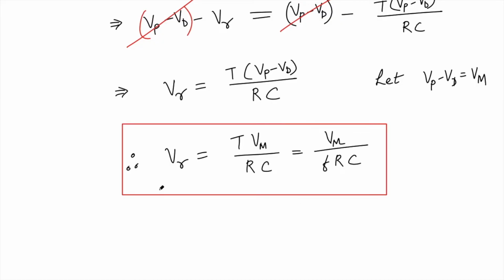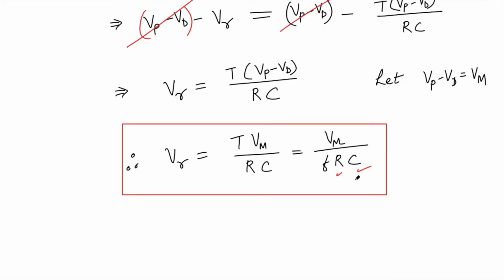Okay, so the ripple voltage is directly proportional to VM, or basically the amplitude of the sine wave that I am applying, the input signal. It is inversely proportional to R and C, and of course f. So in our case, the f is almost constant.